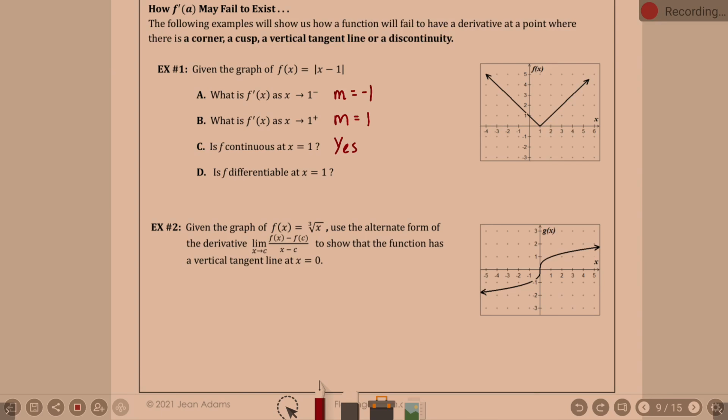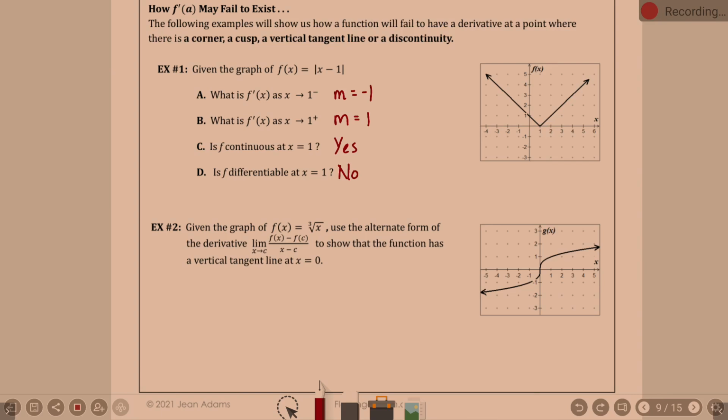And this is where we're going to say no. The deal is, it's the limit of the derivatives that don't equal each other. So basically, the derivative on the left doesn't equal the derivative on the right, because they don't have the same slope. That's how you know if they're differentiable.